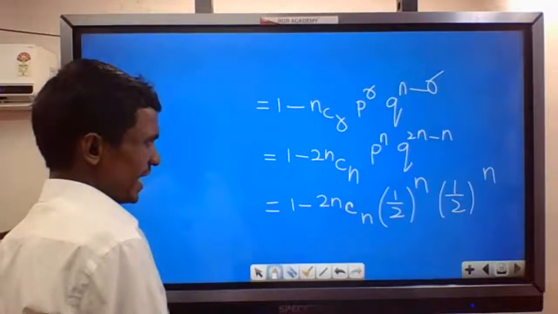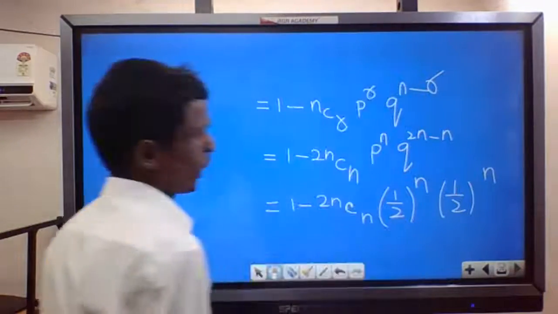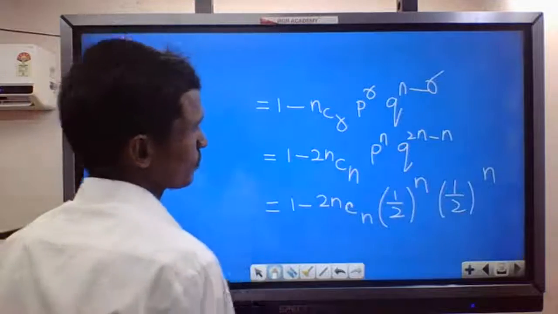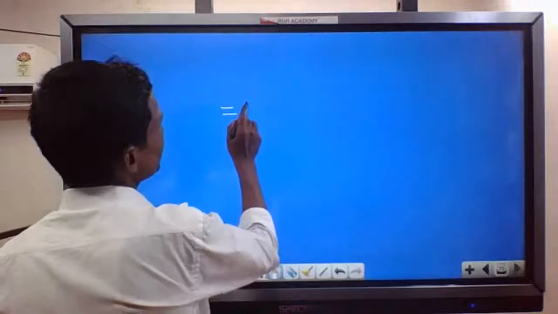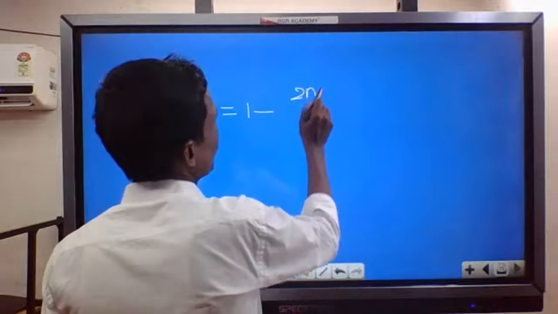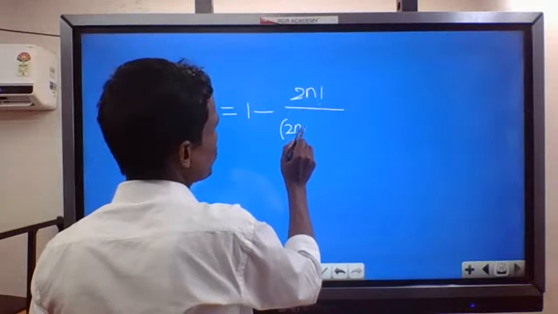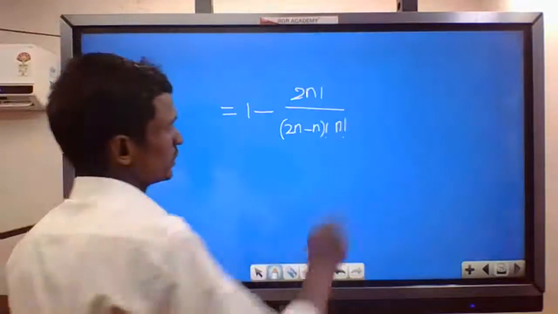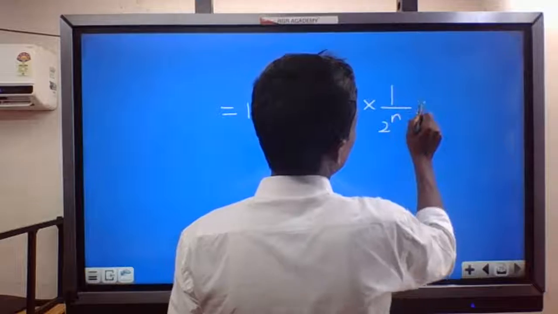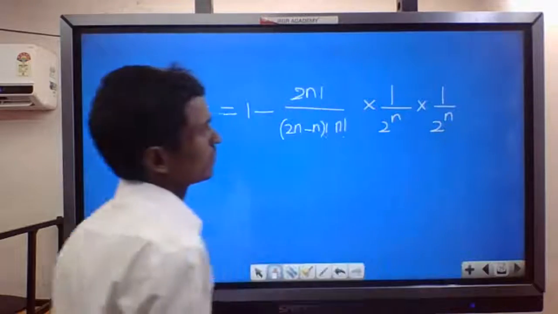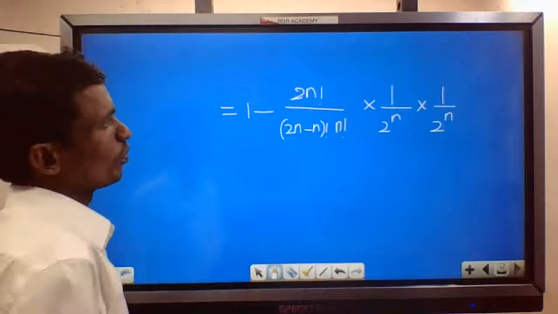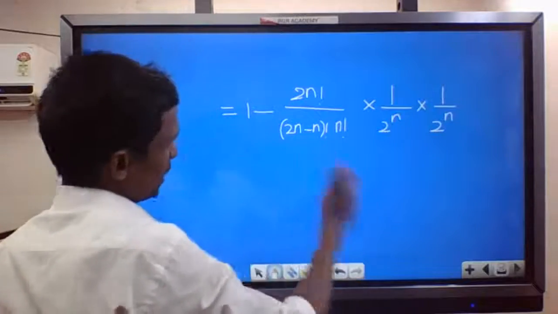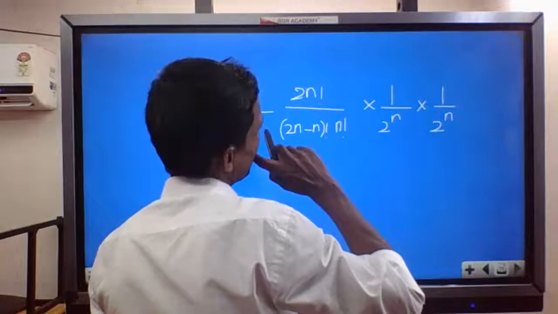How to write 2nCn? 2nCn is 2n factorial divided by 2n minus n factorial into n factorial, into 1 by 2 power n into 1 by 2 power n. Or otherwise, how to write?